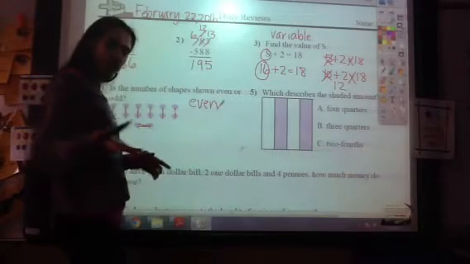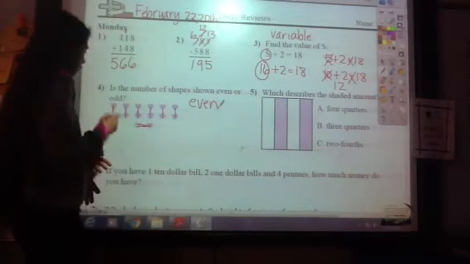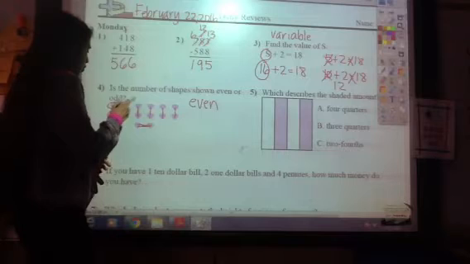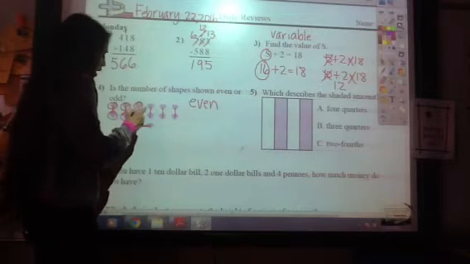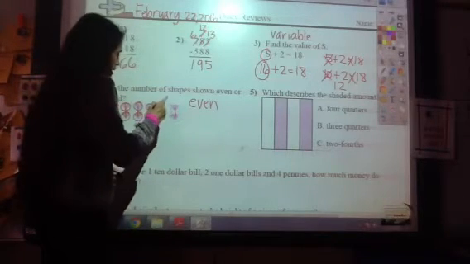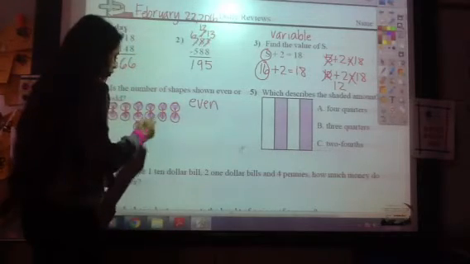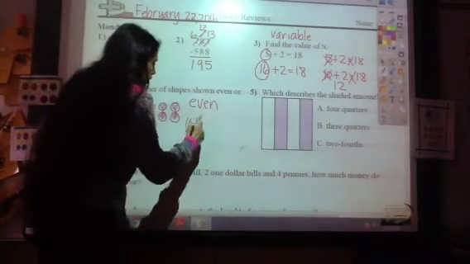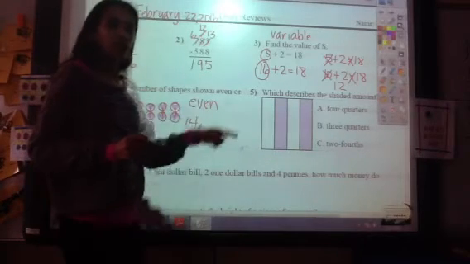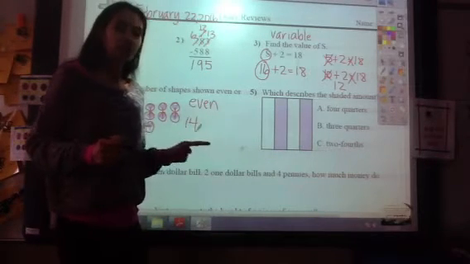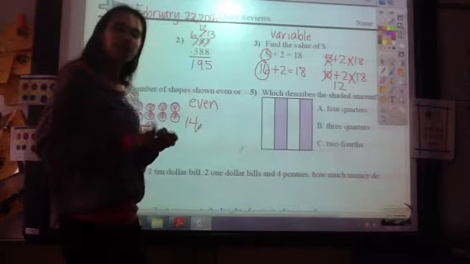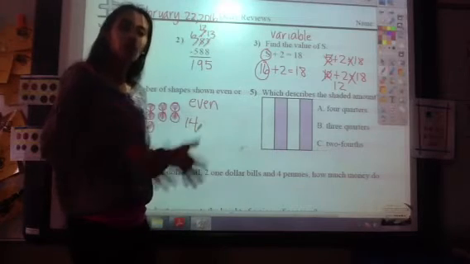Or we can count. Let's count how many hearts we have. 1, 2, 3, 4, 5, 6, 7, 8, 9, 10, 11, 12, 13, 14. Now 14, the way we know if it's an even number, we skip count by 2. 2, 4, 6, 8, 10, 12, 14.